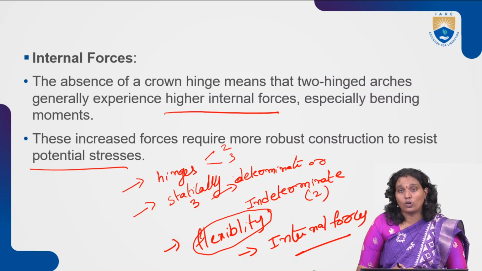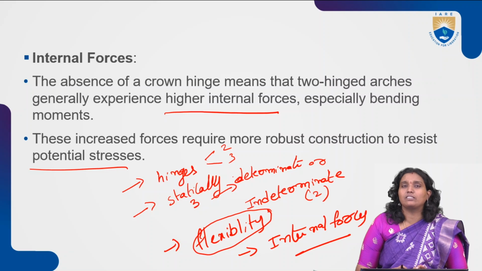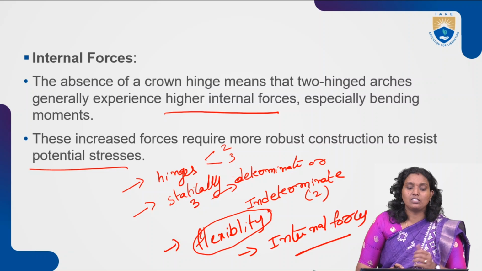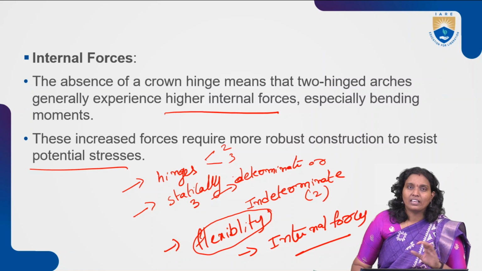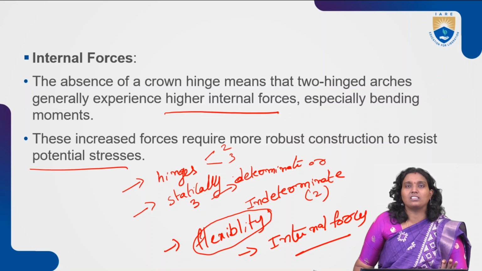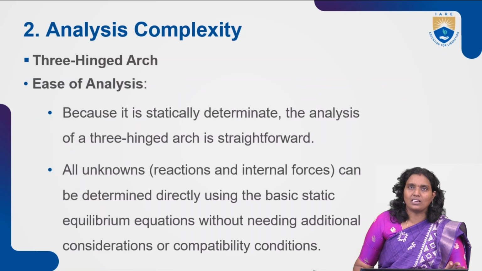Deformation is also allowed, and more resistant construction is required because of the increased forces. In the absence of the crown hinge, it experiences high internal stresses when compared to the other one. So these are the structural characteristics we observe in the comparison between two and three-hinged arches.